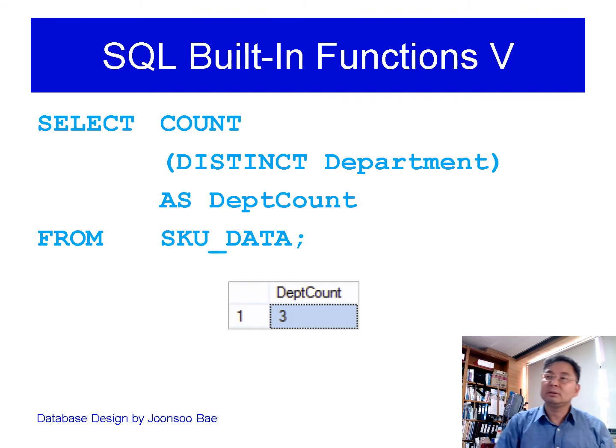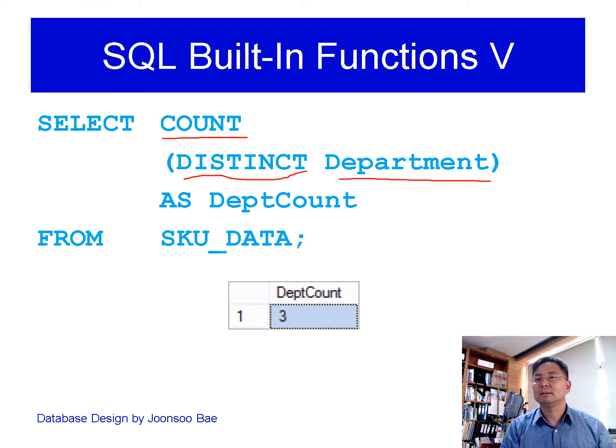Also, this is a little bit more complex built-in function: count combined with distinct. Okay, I want to count only different department names in the data set.